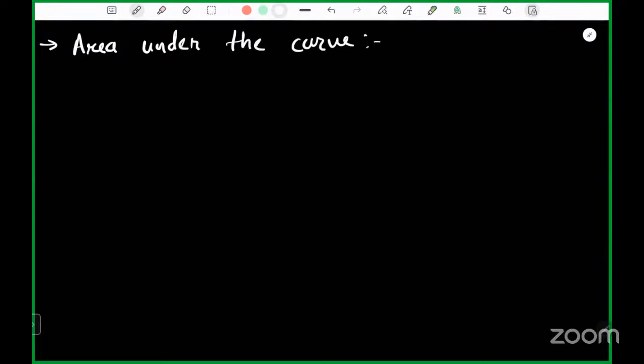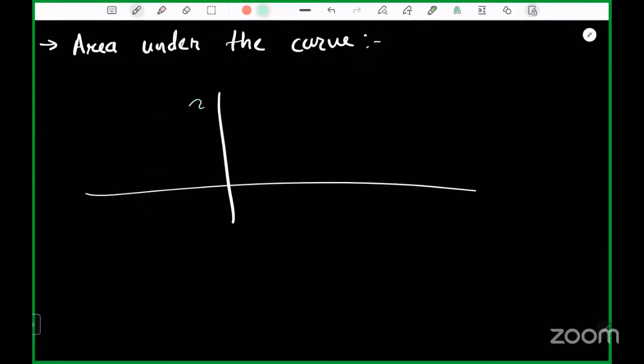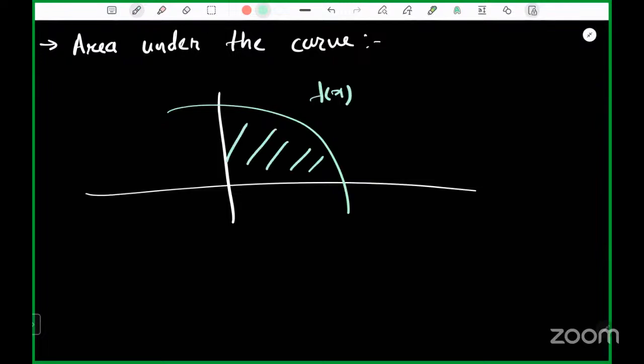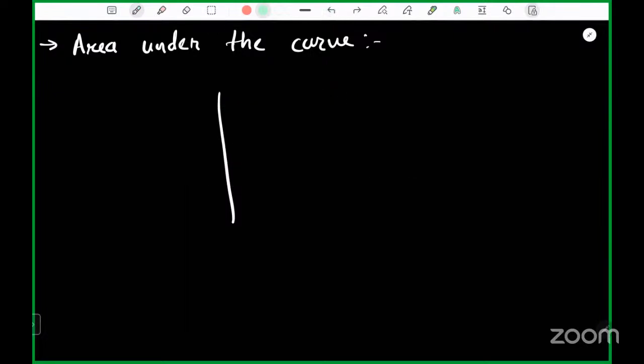Okay, so we know that if you have a very simple type of function, suppose this is your function f of x, and you want to find this particular shaded area. We know that the area is nothing but, so here the limit is x equals 0, but we can take some other functions like this too.